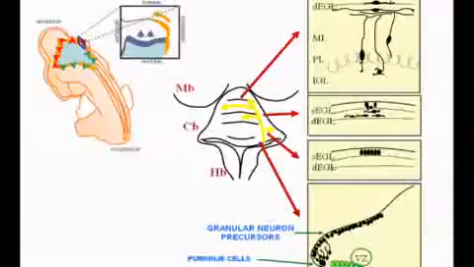Some of these cells move towards their final location, and then they just differentiate. But other populations undergo a migration, and then they can do a second wave of proliferation.